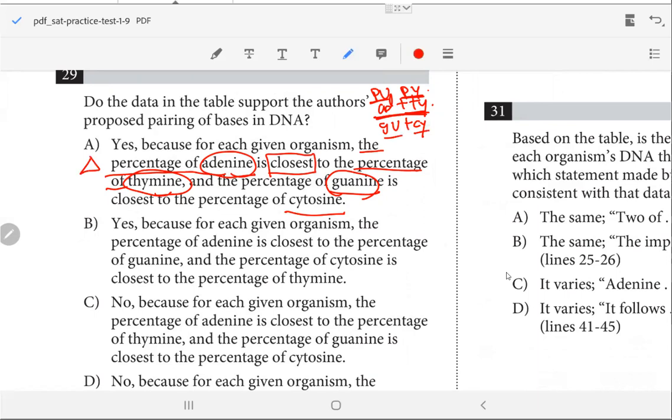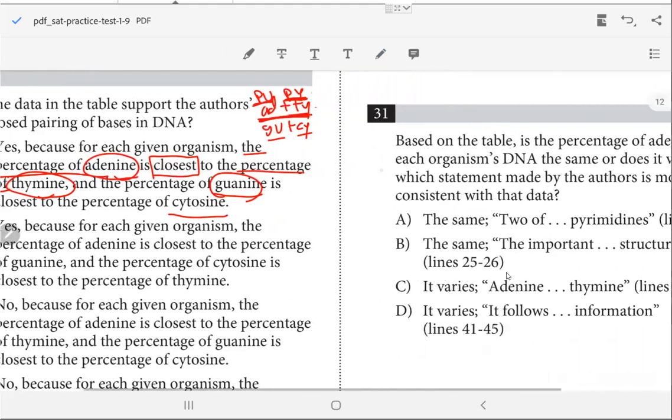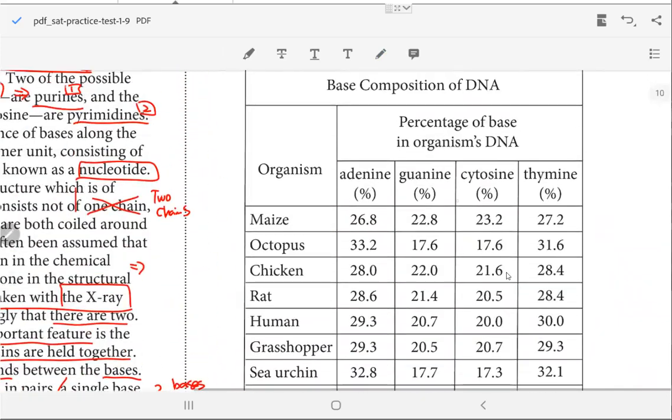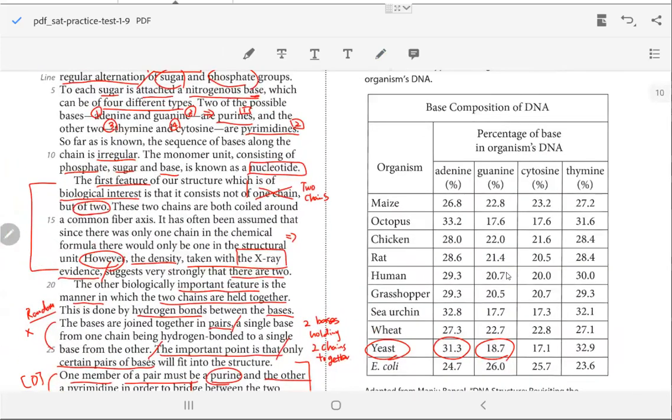So I will go to the table and see whether that's the case as well. That makes sense based on the passage, but let's look at the numbers. Adenine and thymine pretty similar, right? And guanine and cytosine, yeah, they're closest. So these two are closest, these two are closest. Octopus, yep, definitely. These two are the same, right?